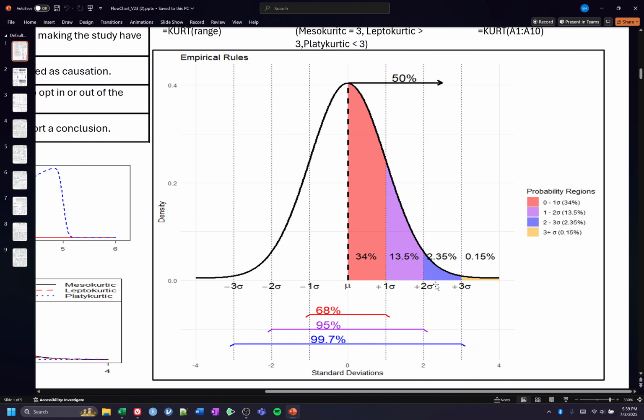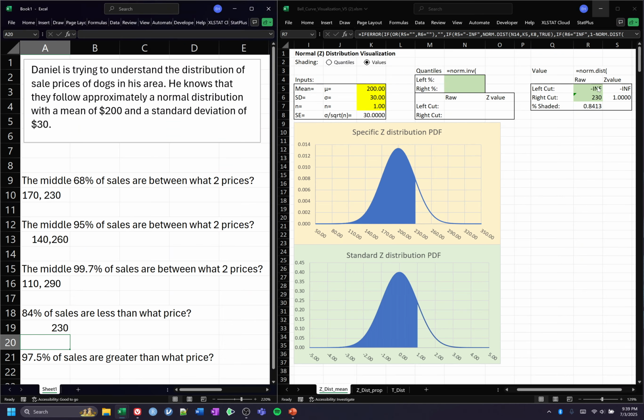Well, notice that we can still use this, instead of plus 2 standard deviations, we can go minus 2 standard deviations and go all the way to positive infinity. So let's give that a shot. Here we're going to go from 2 standard deviations to the left, which is 140, and then extend all the way to infinity.